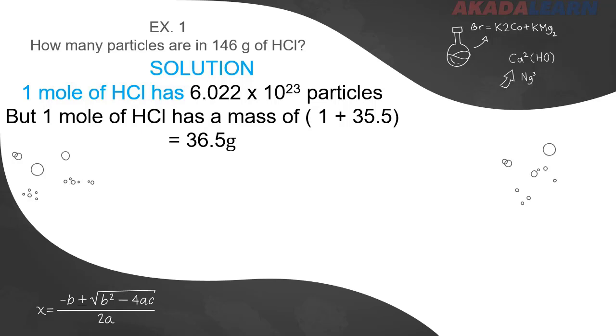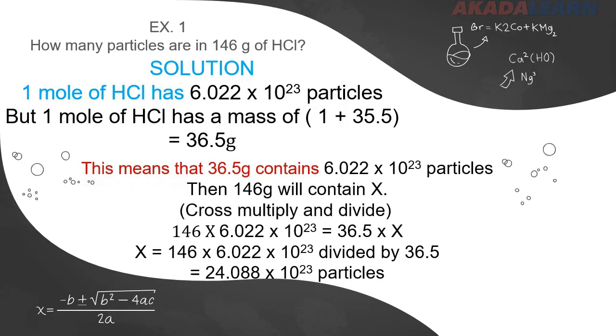Now, that 36.5 grams has a total of 6.022 times 10 to the power 23 particles. This now means that if 36.5 grams contains the Avogadro's number of particles, then 146 grams will now contain X, an unknown number.